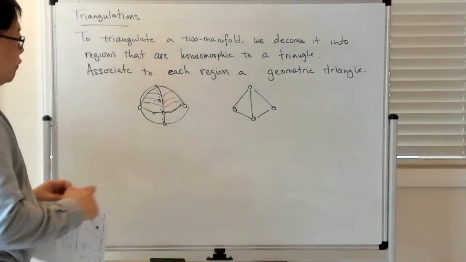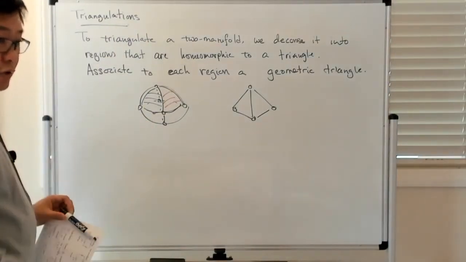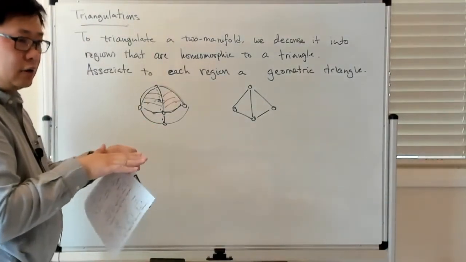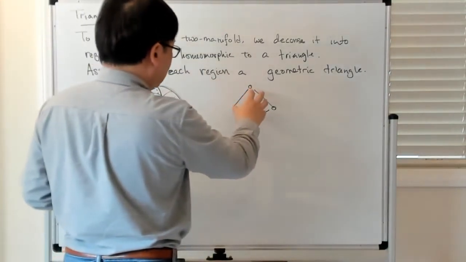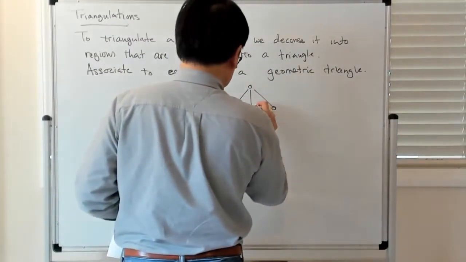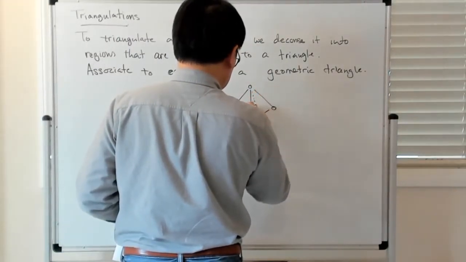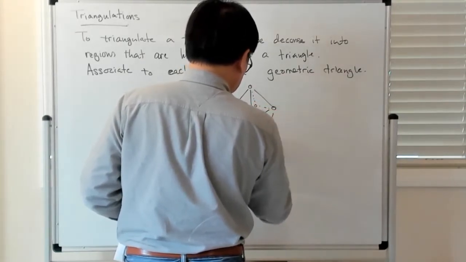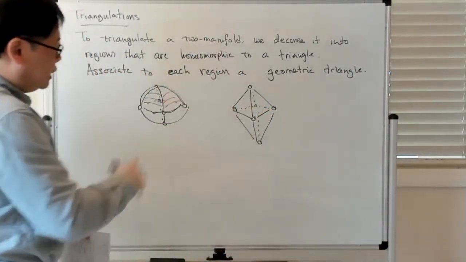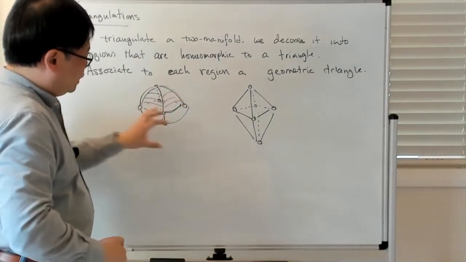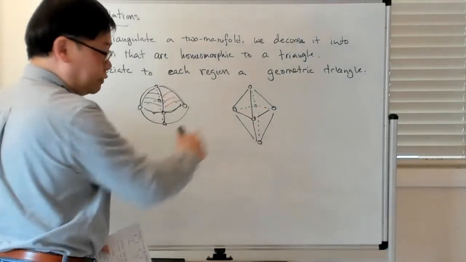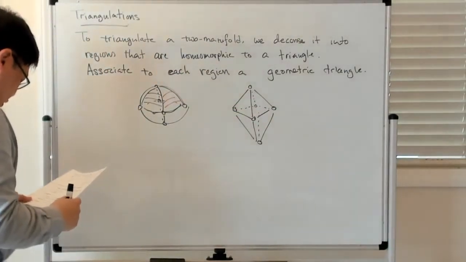So I start by identifying each of these regions with a geometric triangle, and then I look at how, in the original two-manifold, these regions are connected to each other, and I connect these geometric triangles together in the same way. So this is an example of taking this collection of regions, identifying them with geometric triangles, and then gluing everything together in a reasonable way.